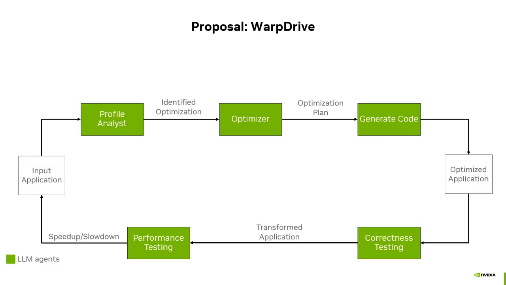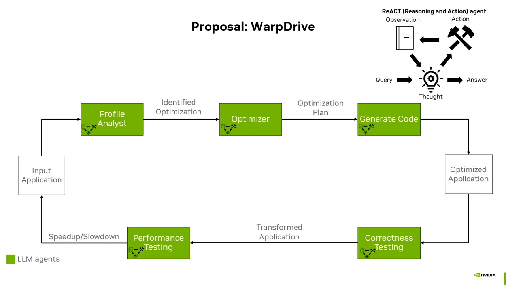What we are proposing is WarpDrive, an agentic workflow to help optimize this flow and make it easier for developers to use this. This is very much work in progress. The LLM agents in this case, we tried a few, and we are using ReAct-based agents. You must be familiar with this, so I won't go into it. Essentially, a thought, action, and observation loop.